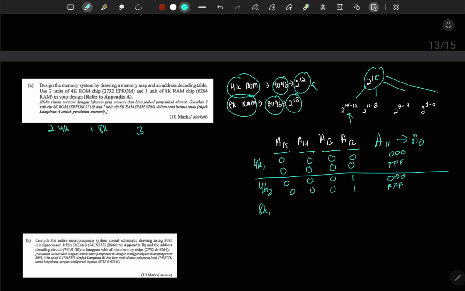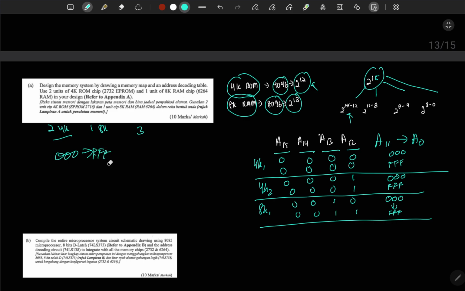Now for the 8K, we will be having 2000 till 3FFF. We started from 2000, but we will be ending at 3FFF. Why? Because as I said, 4K is equivalent to 000 till FFF, but 8K means 000 till 1FFF, meaning that it needs to be twice.